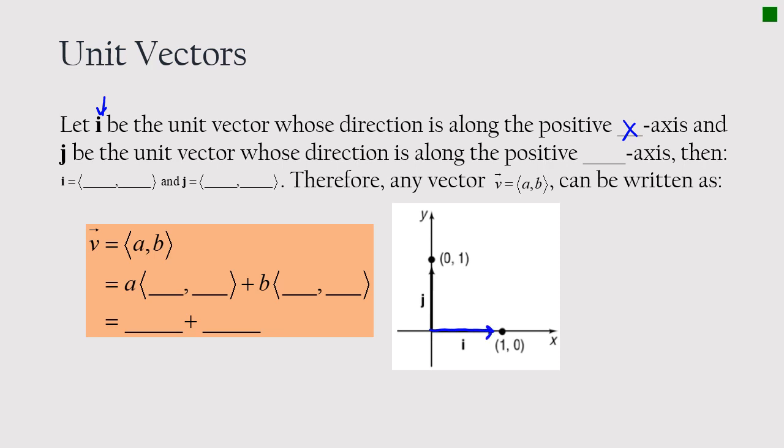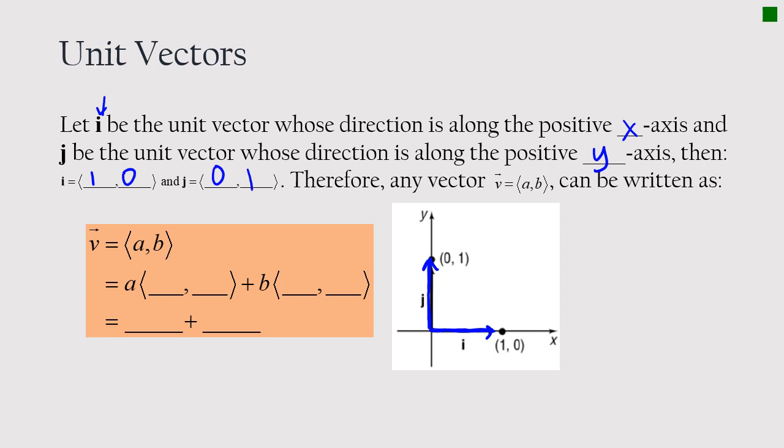So I is a unit vector, so that means its magnitude is 1, so the length of it is 1 unit, and its direction is along the positive x-axis. J is the unit vector whose direction is along the positive y-axis. Okay, so if we had to write these as components, I would be over 1 up 0, and then J would be over 0 up 1.